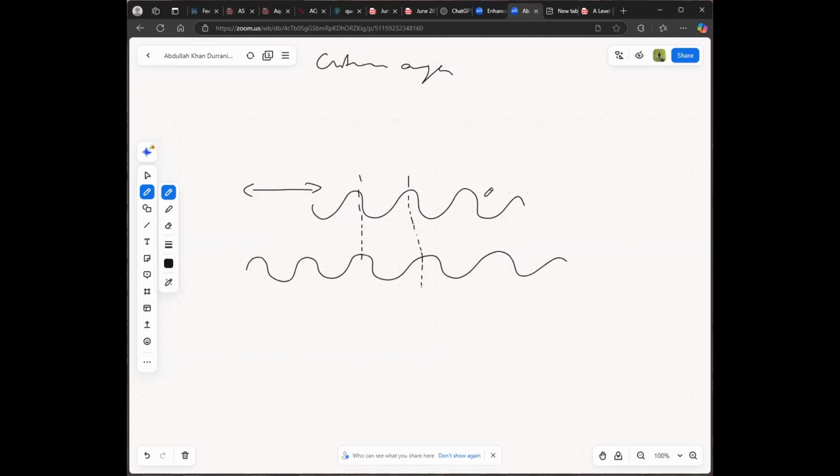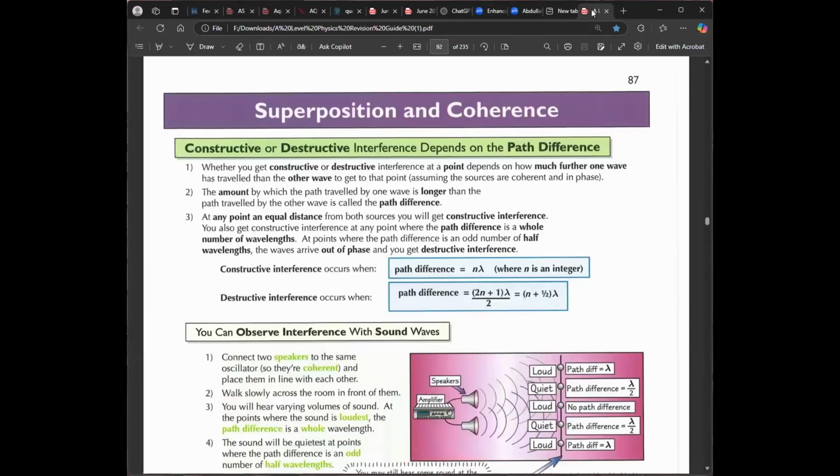Sorry, my drawing is not great, but even with a two wavelength difference between them, the crest of one aligns with the crest of the other, and that's why this formula holds: an integer multiple of wavelength as path difference means there is constructive interference.